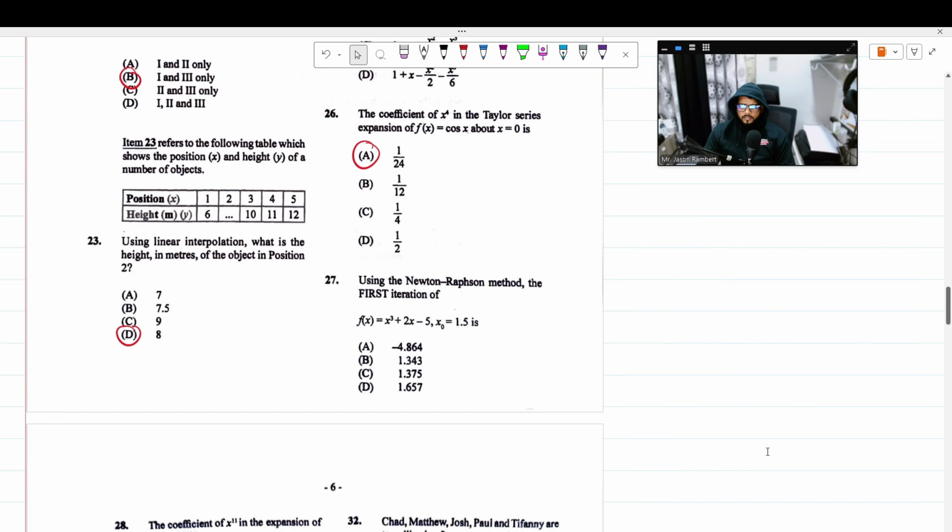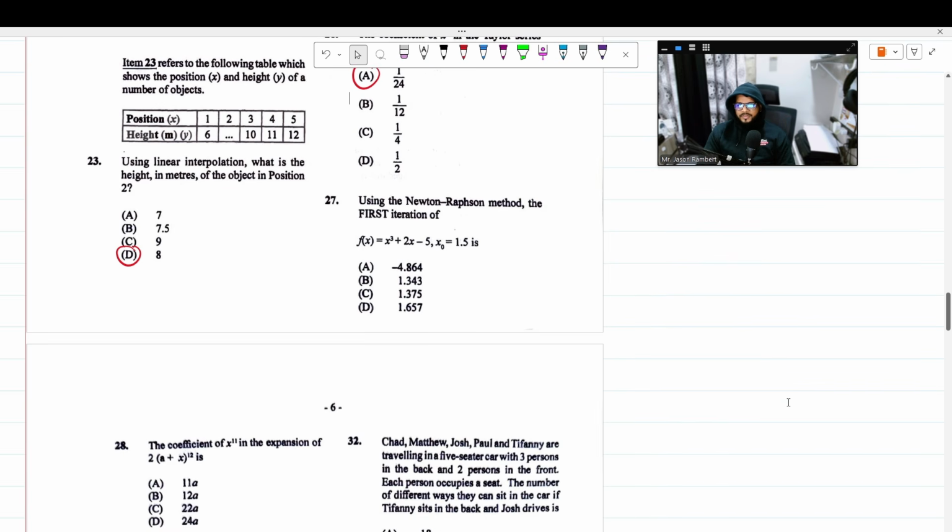Using Newton-Raphson on the first iteration of, oh god, alright. We go ahead to get the formula, right? So we will say x take away f of x, x cubed plus 2x minus 5, divided by the differential, 3x squared plus 2x. Cross multiply, we get 3x cubed plus 2x squared minus x cubed minus 2x plus 5 all over 3x squared plus 2x.